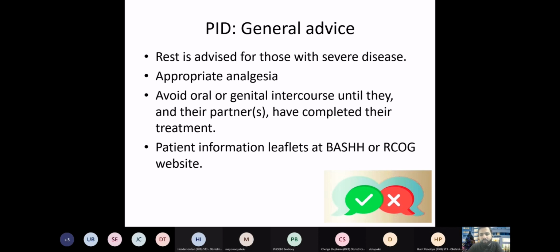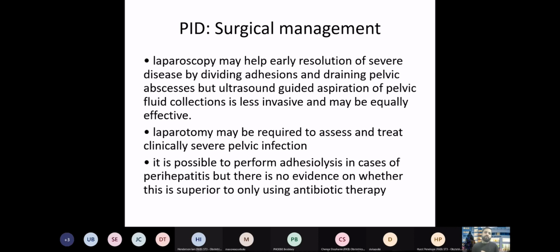Surgical management. The role of surgery is, we can say, the last resort for the treatment of PID, and it depends on the consultant and senior decision whether they want to go for it. Laparoscopy may help early resolution of severe disease by dividing adhesions and draining pelvic abscesses, but ultrasound-guided aspiration of a pelvic abscess is less invasive and may be equally effective.